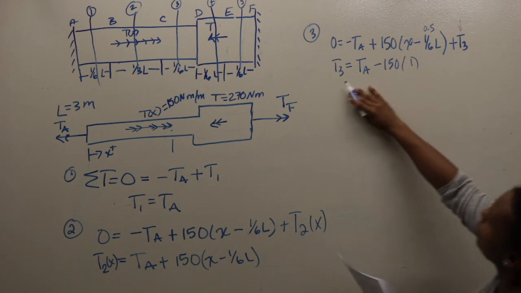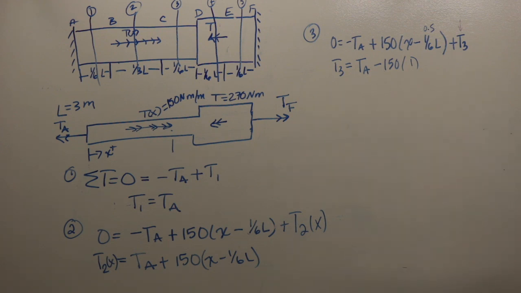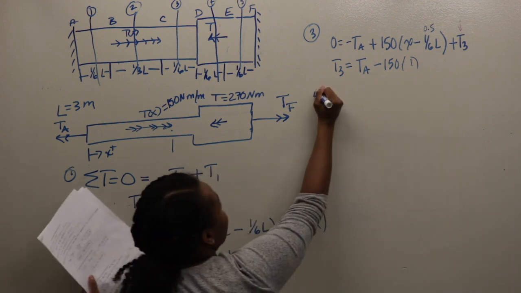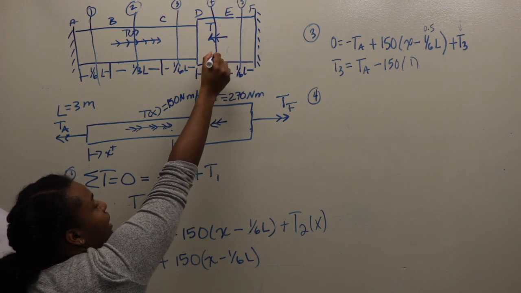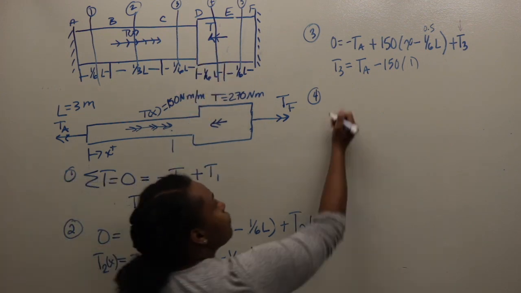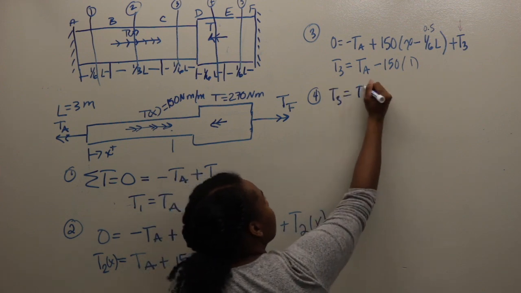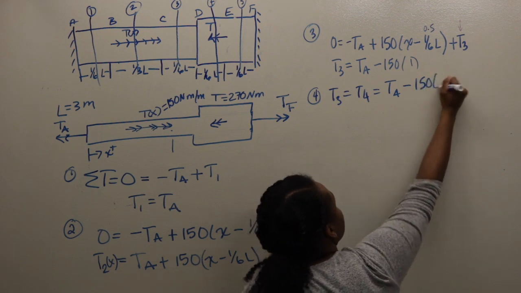So it works out, so it will be T3 equals TA minus 150. And then, like I said earlier, because it's only taking into consideration the change in diameter, the internal torque is actually the same for T4. So T3 equals T4, which equals the torque minus 150 times 1.